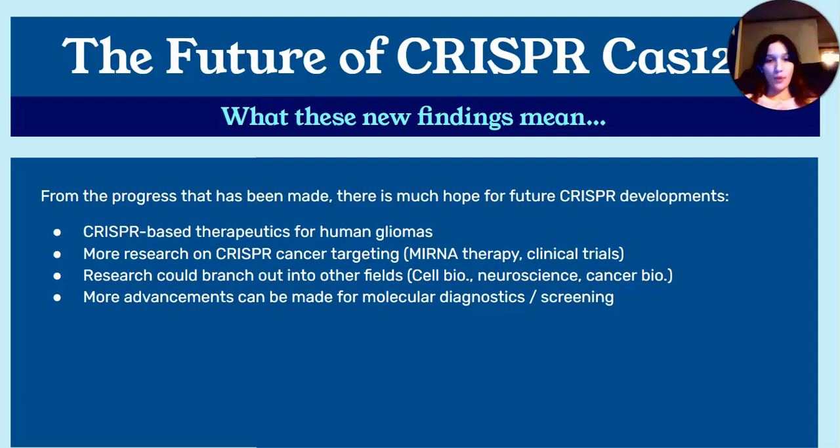There could be more research on CRISPR cancer targeting, such as miRNA therapy, and passing the clinical trials. There could be research branching out into other fields, such as cell biology, neuroscience, and cancer biology. There could be more advancements in the screening and imaging that I had discussed, with molecular diagnostics and screening.